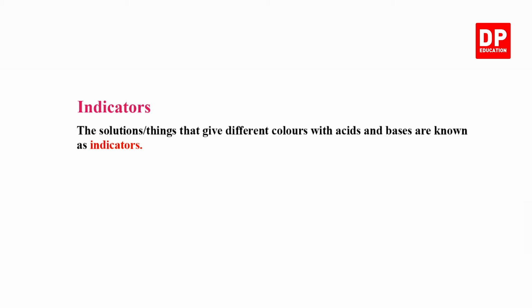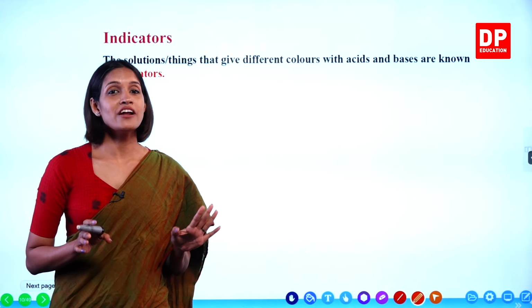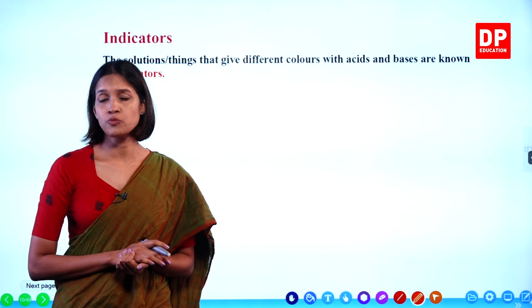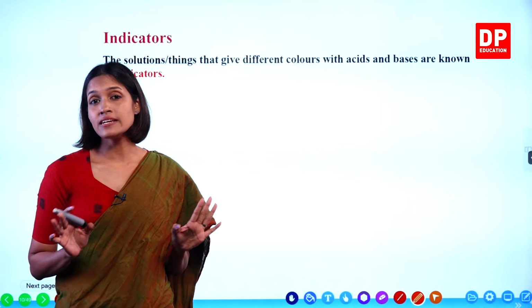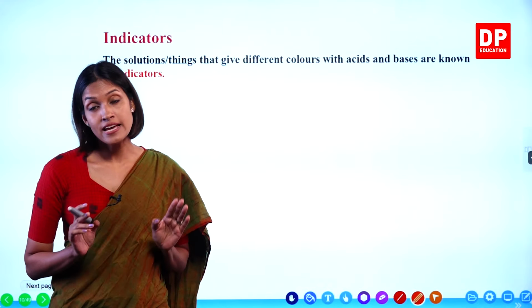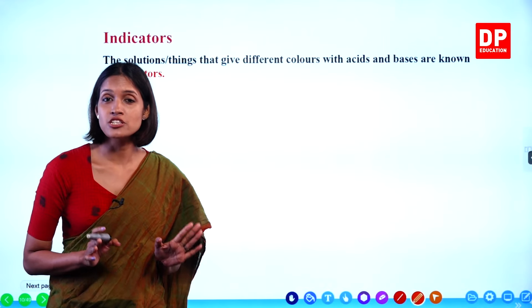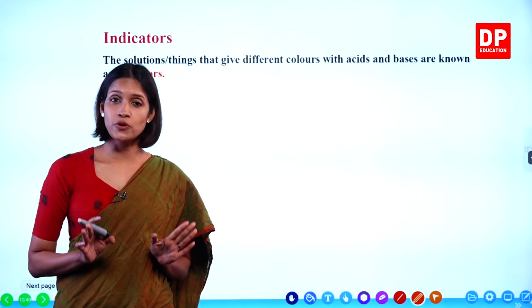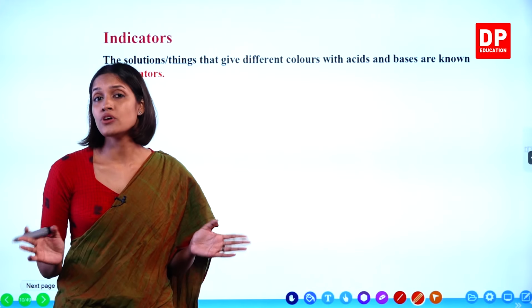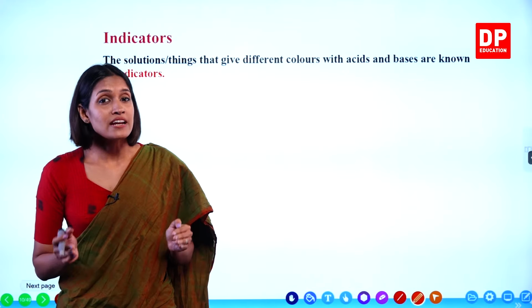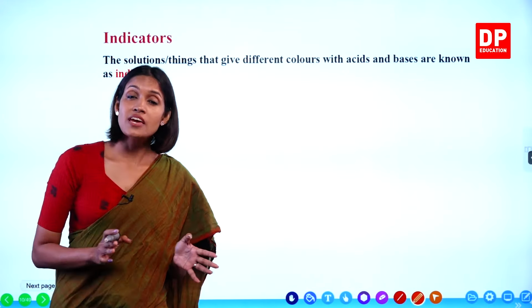Right. Indicators. Now we did one activity using the shoe flower boiled water and it was very clear you can identify acids, bases and neutral substances using this shoe flower boiled water. So what is this shoe flower boiled water? There are some other chemical substances in our day-to-day life and also in the laboratory that we can use to identify these acids, bases and neutral substances.